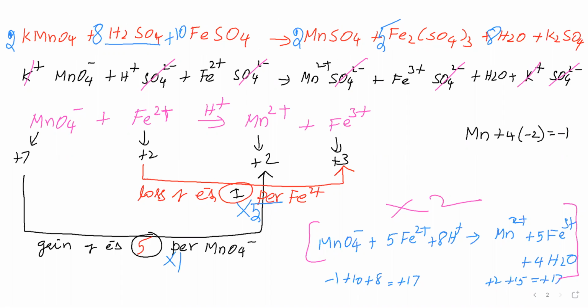Don't consider sulfate oxygen because sulfate oxygen is balanced. Consider this potassium permanganate oxygen, 8 times. So water also 8 times. Therefore this oxygen is balanced, and in that sense the equation is balanced. So in this way we have to balance. This method is called the ion electron method or half reaction method.